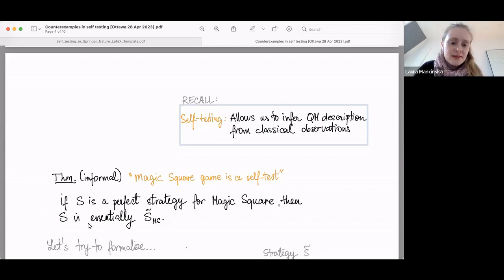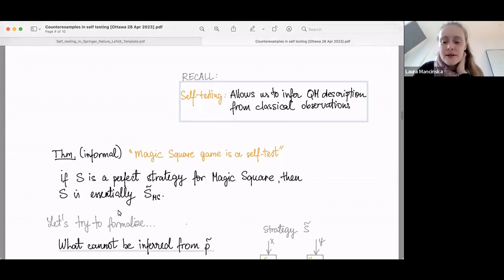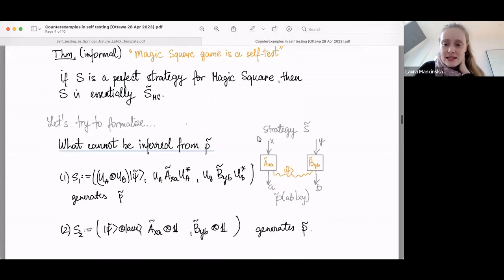Okay. Now all the details I'm hiding behind the word essentially. All right. So let me ease you towards what I mean by essentially. By the way, can you see my cursor, or am I just pointing for myself? Okay, perfect, thank you. So let's look at this strategy S tilde for this two-party Bell scenario. Right?